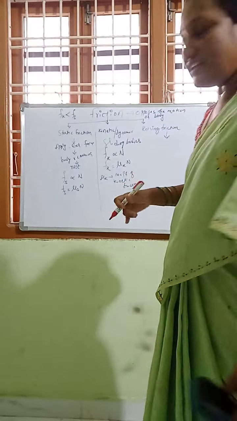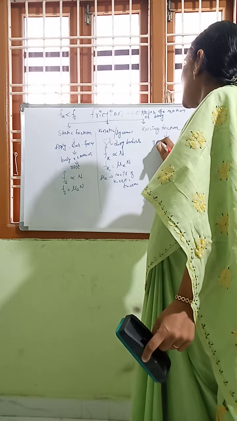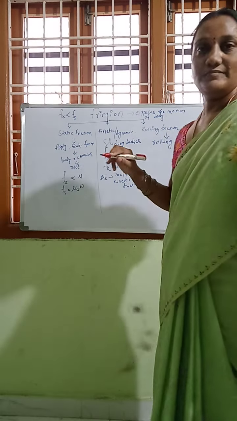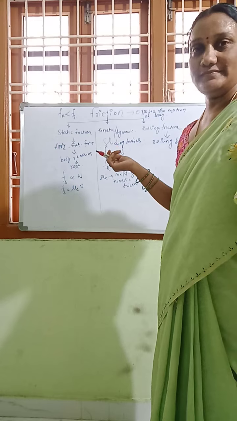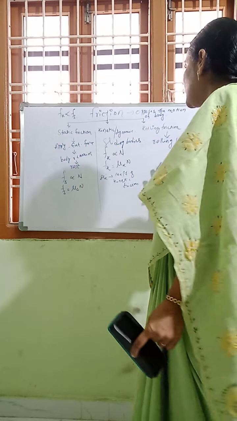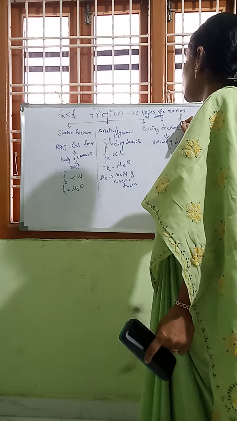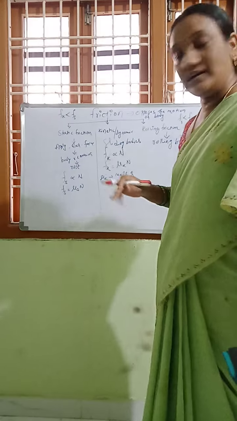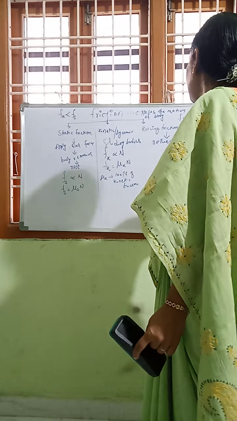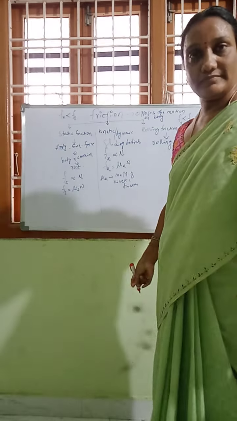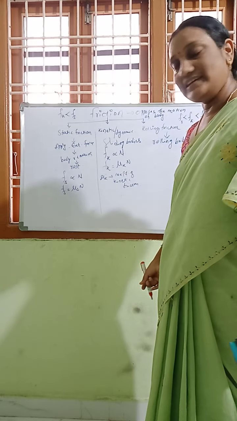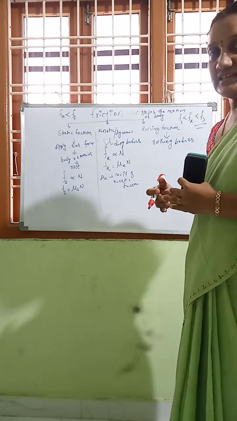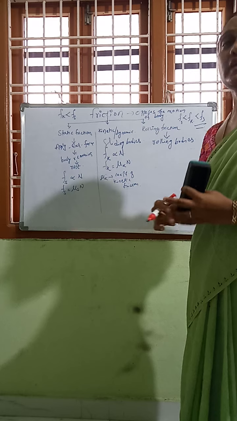This rolling friction we see in the case of rolling bodies like wheels, etc. Actually, this rolling friction is very much less than kinetic friction and static friction. Right? So the resistance encountered by the rolling bodies, we call rolling friction.